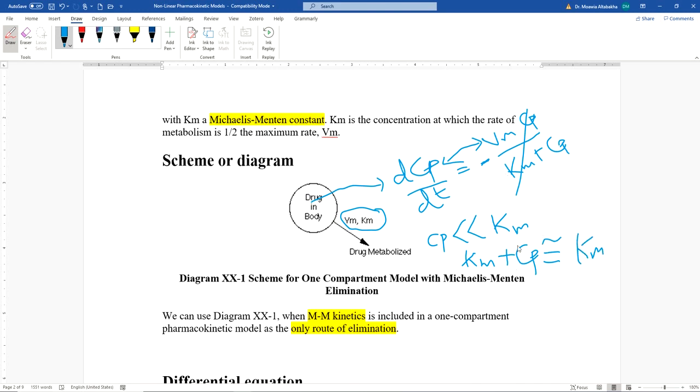Why? Because Cp is very small and will not affect the overall value, since it is added in the denominator, not multiplied. So if I use Km here, the equation becomes Vm over Km times Cp.